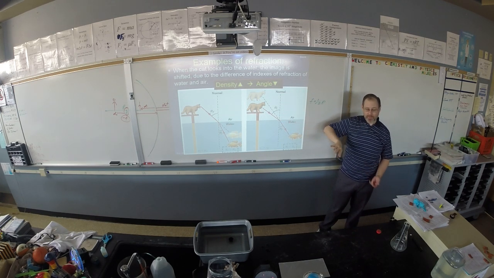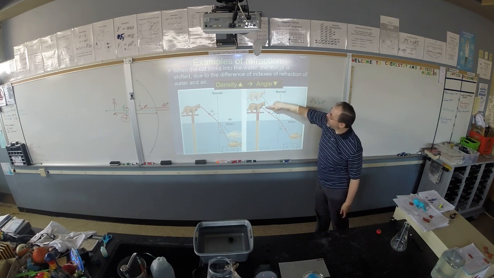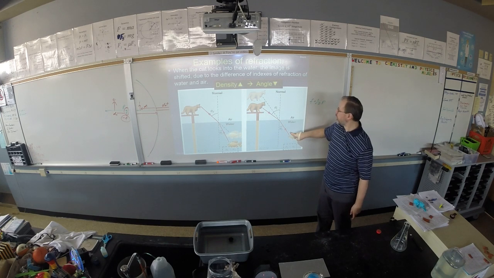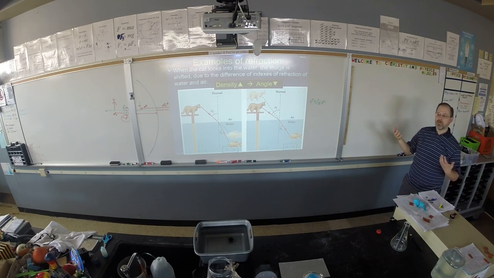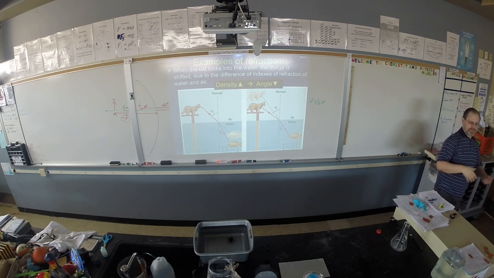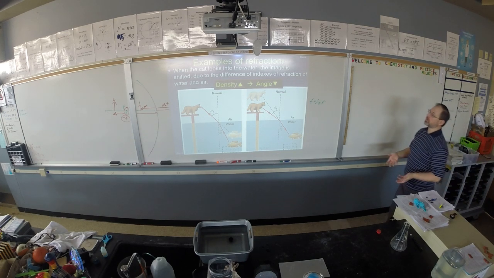Now in this case, light is traveling from a less dense medium to a more dense medium. Where is the light fastest? Less dense or more dense? Less dense. Exactly the opposite of sound waves. Sound waves travel fastest in more dense.